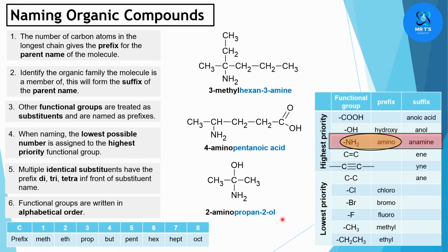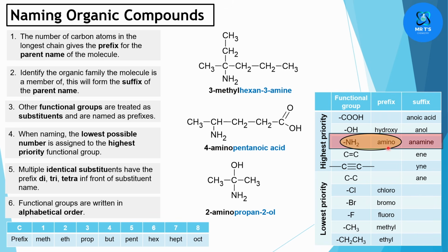So I guess the important thing to note here is, and it's really going to be amines and alcohols that we look at, that if the suffix on the parent chain is already used, because let's say that it's an alkene or it's a carboxylic acid or something like that, then we're going to put them as a prefix.